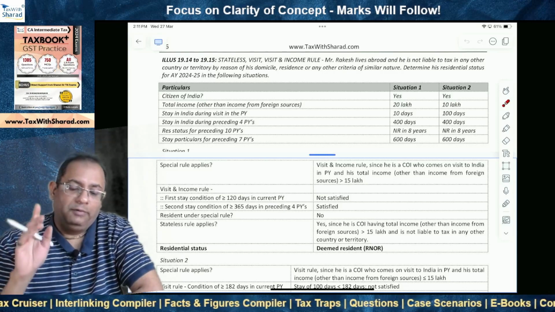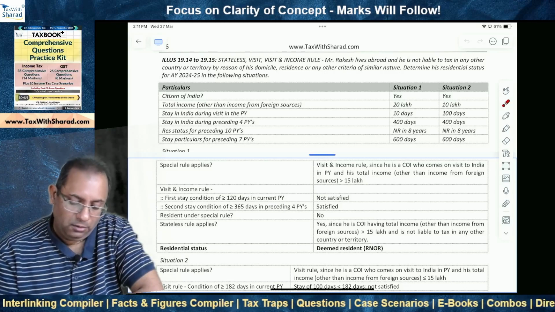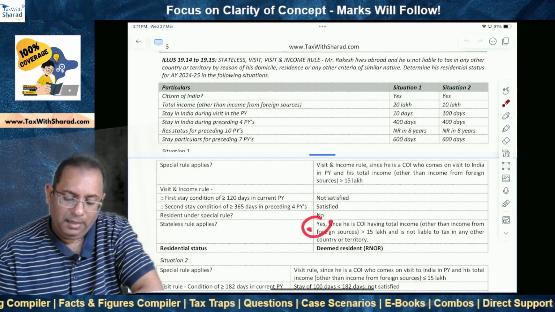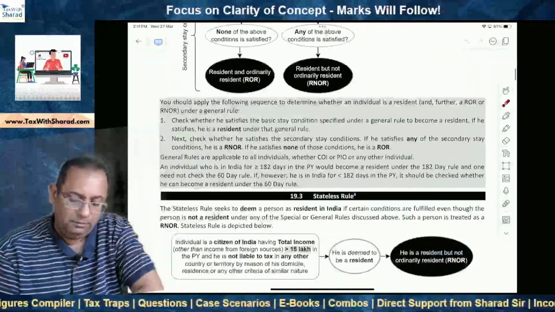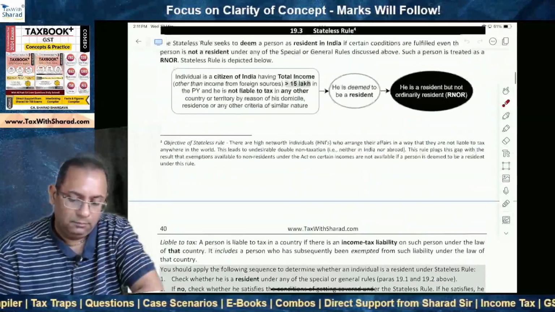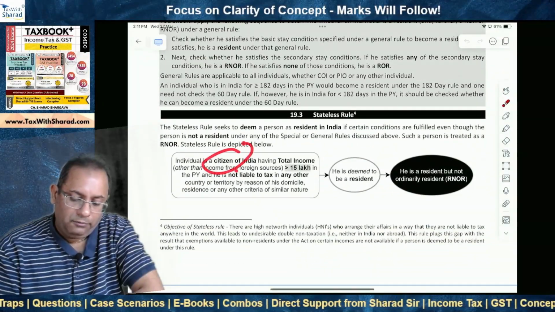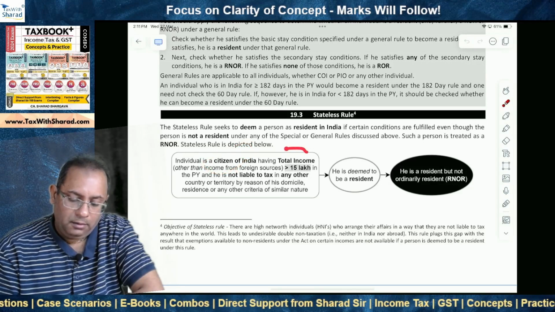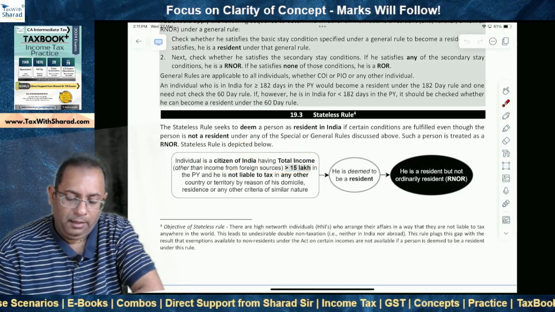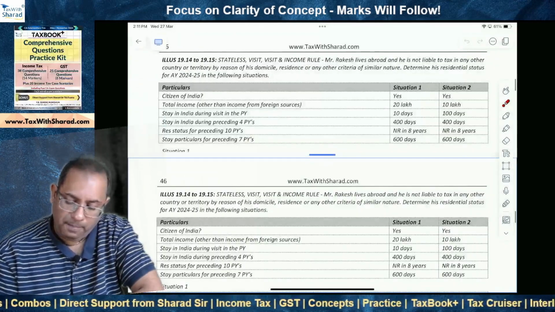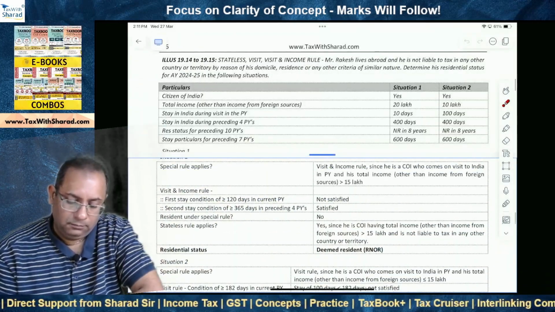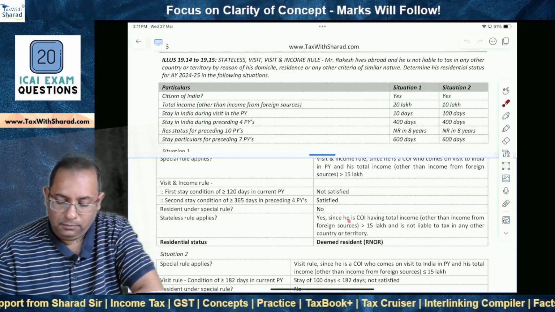So now we need to go finally and check whether a stateless rule applies or not. A stateless rule applies. Why? Because what are the conditions for stateless rule? We have already seen. Citizen of India, total income other than income from foreign sources more than 15 lakh and not liable to tax in any other country or territory. So here, what is the position?